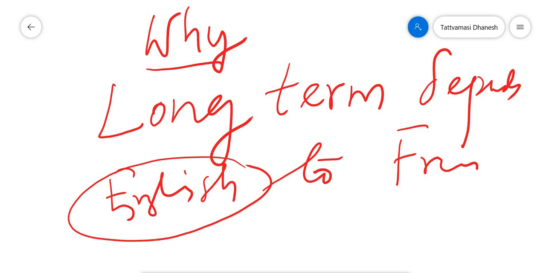This we call long-term dependency. Because of this long-term dependency, when you use the chain rule, if the value is very small, when you multiply it, what will happen? It becomes very small. If the value is very large, when you multiply it, it becomes very big. This is vanishing and exploding gradient.